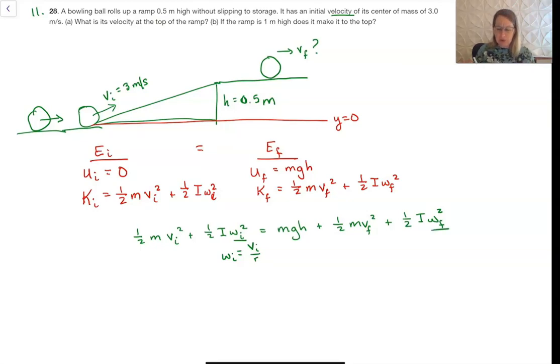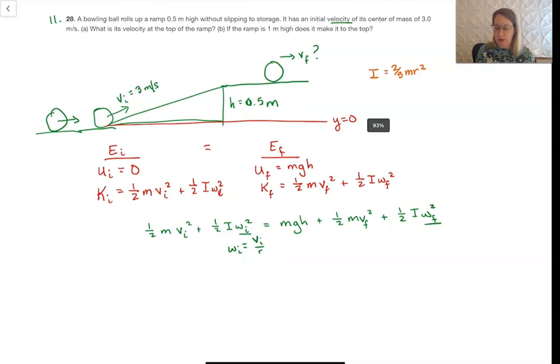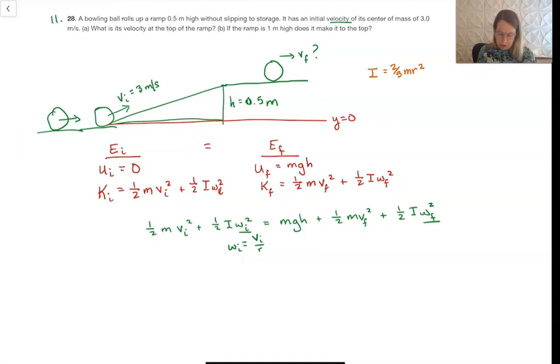The other substitution I can do is say this is a ball, so we can treat this as a sphere and say the moment of inertia is equal to 2/5 m r squared, right? So that would be my moment of inertia. So if I put that in right here, that's going to help me out a little bit.